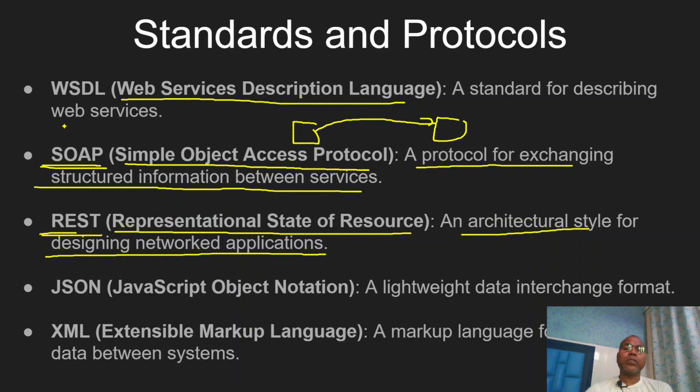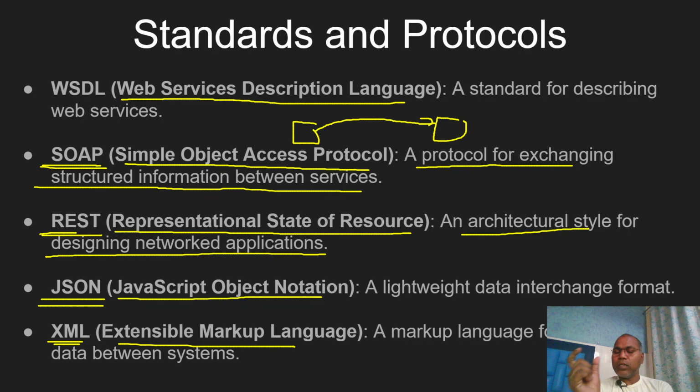And what kind of messages are exchanged between these protocols? Most probably nowadays they use the JSON format, JavaScript Object Notation, or the XML format, extensible markup language. So JSON or XML is the data format in which one service sends data to another service.